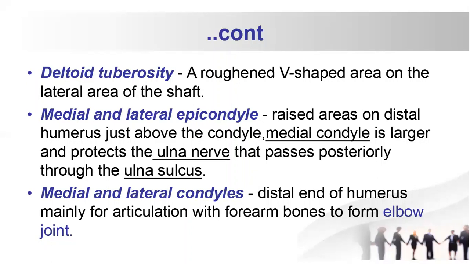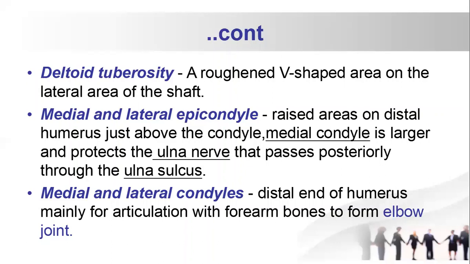These are raised areas on the distal humerus just above the condyle. The medial epicondyle is larger and protects the ulnar nerve that passes posteriorly through the ulnar sulcus. Like other raised areas of bones, it also serves as a point for muscle attachment.